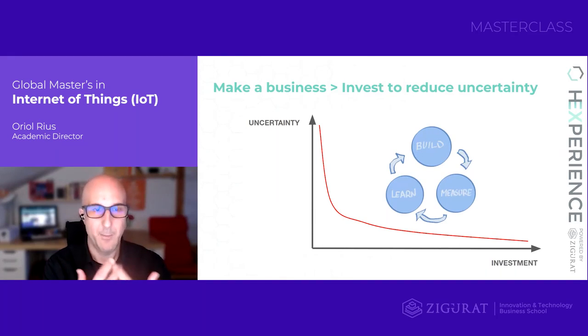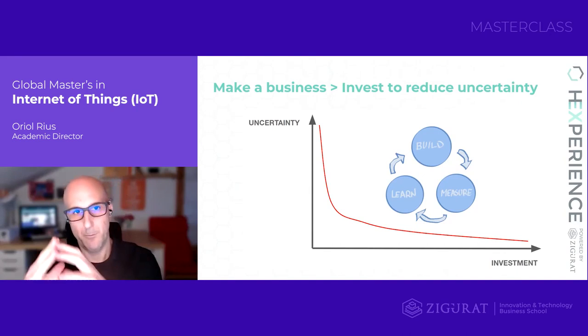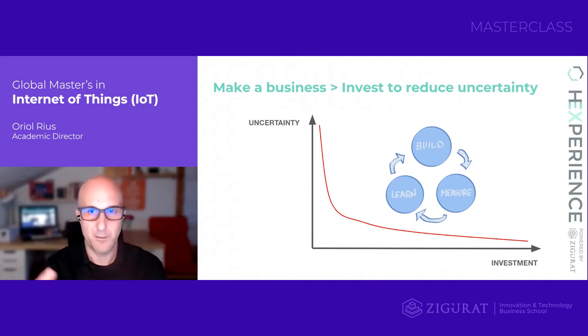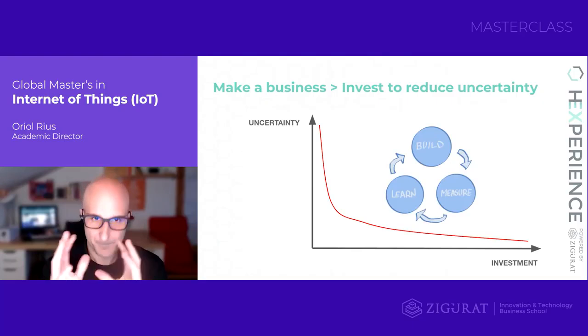First of all, we have to build something. We have to build any kind of experiment that helps us to reduce uncertainty. After delivering that build, after delivering whatever we have done, we have to measure the results, the outcomes, the outputs that that build gives us.